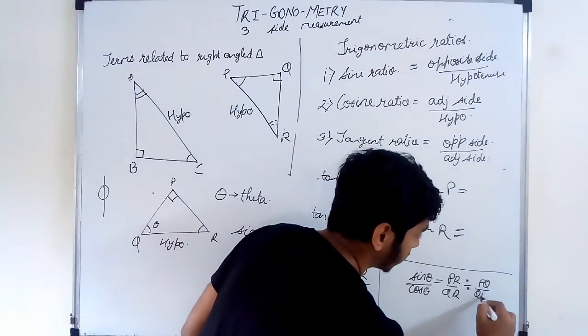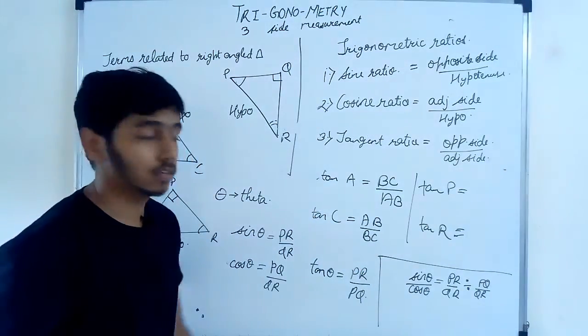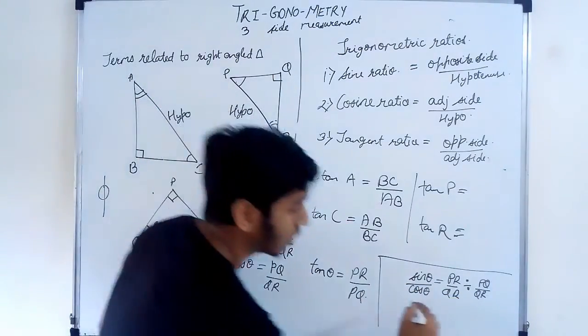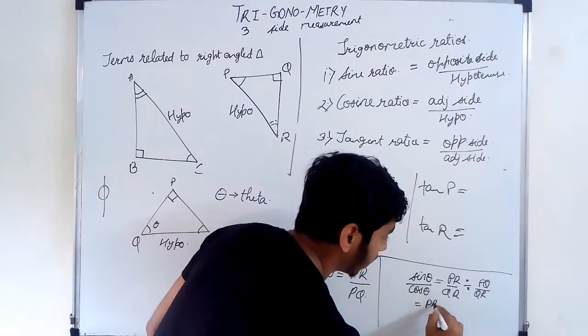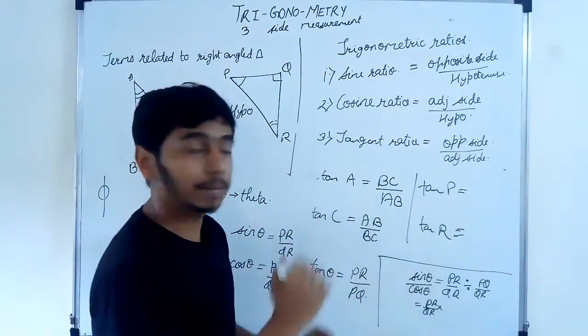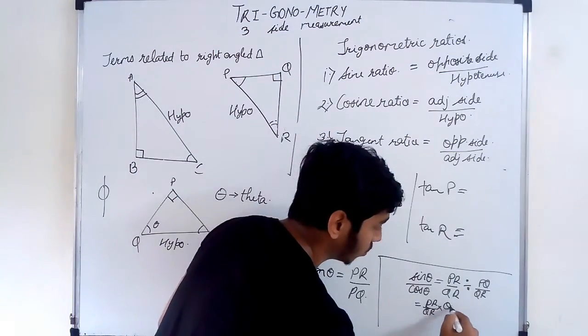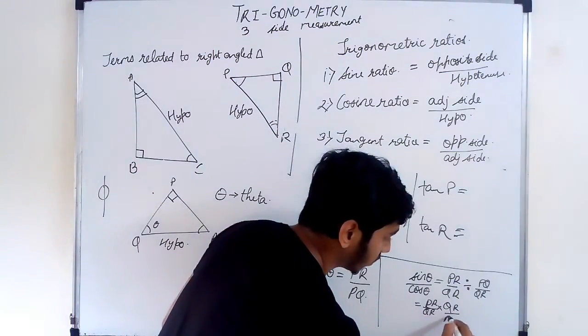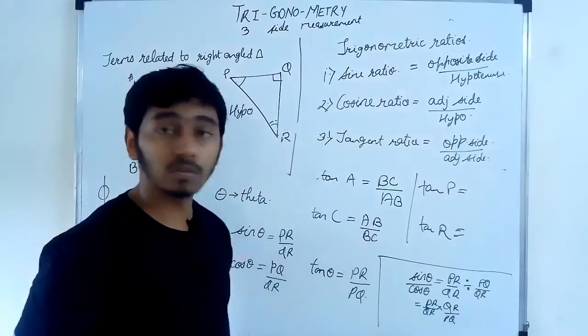Division means multiplying by the reciprocal, so PR upon QR into QR upon PQ, yes or no?